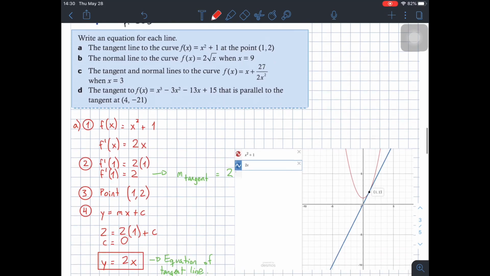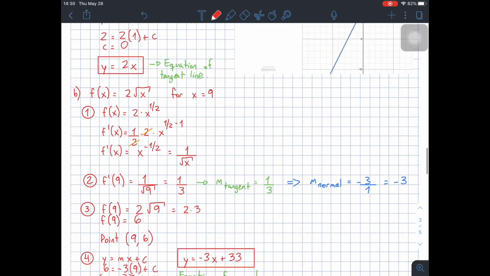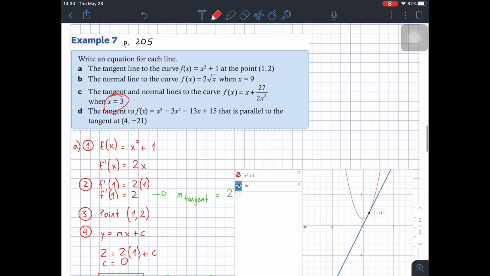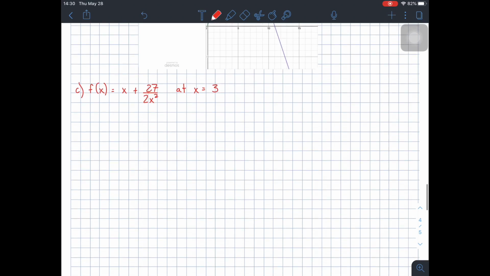So let me copy the function down here. f of x equals x plus 27 over 2x squared at x equals 3. The first step is always to find the derivative of this function.